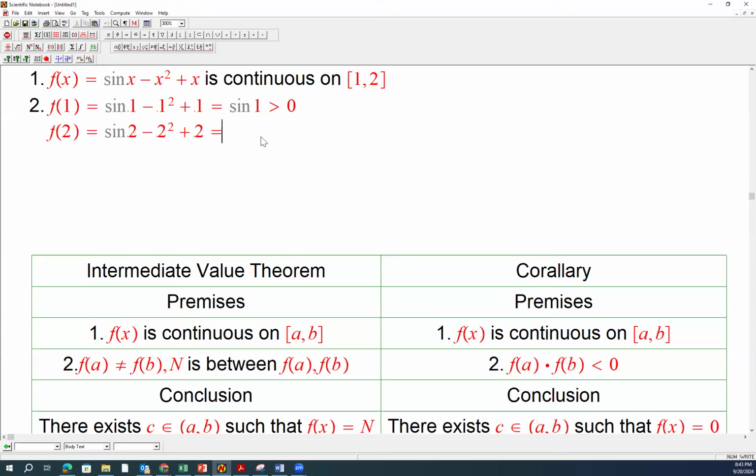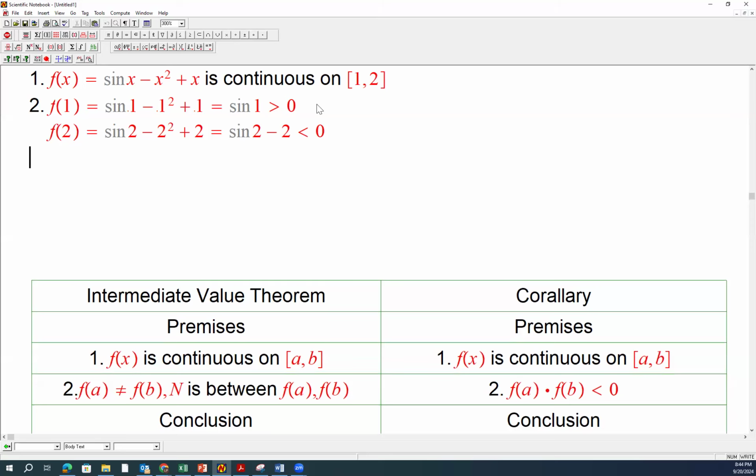That's going to be sine 2 minus 2. Sine 2 is less than 1, so this is going to be less than 0. Do you need a calculator for it? No, you don't need a calculator.